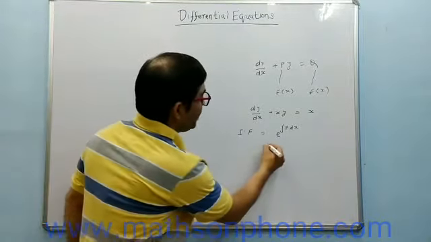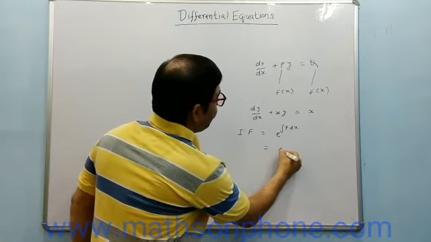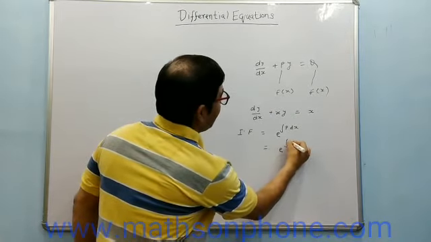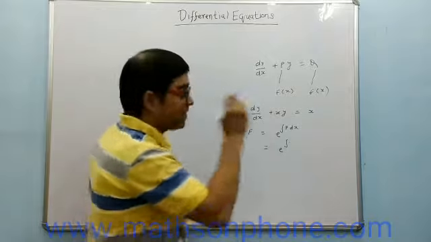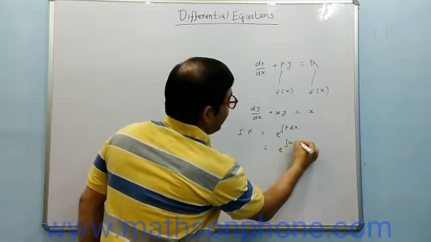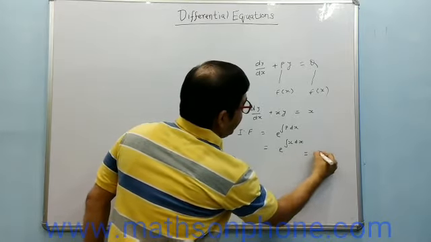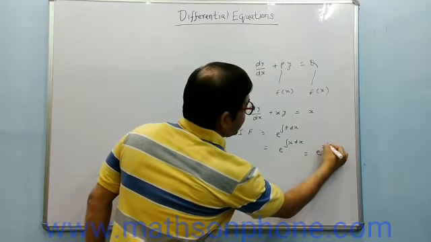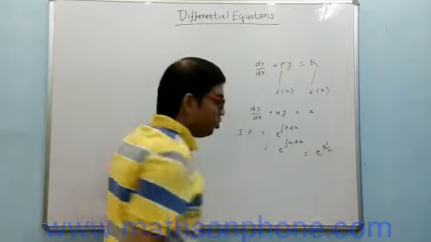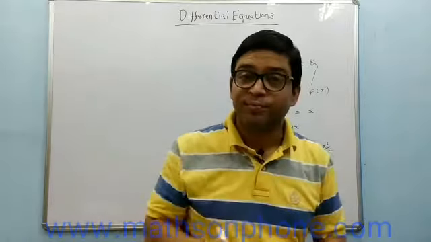See here, what it is coming out to be: e to the power integration of p, which is x here. So integration of x dx is x square by 2. So this is the IF.